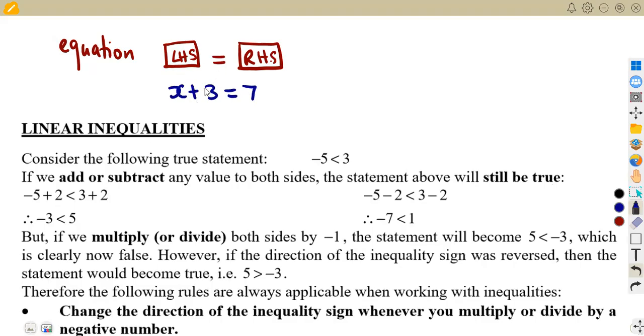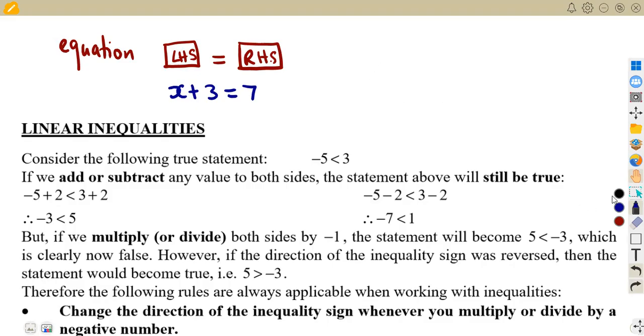I'm saying what I have here should be equal to what I have on the other side. That's an equation. An inequality, we are no longer having this equal. They cannot be equal. It's either greater or less. The equal can be there, but greater than and less than must be there also, not just a direct equal sign like this. So that's what we're going to have in our inequalities.